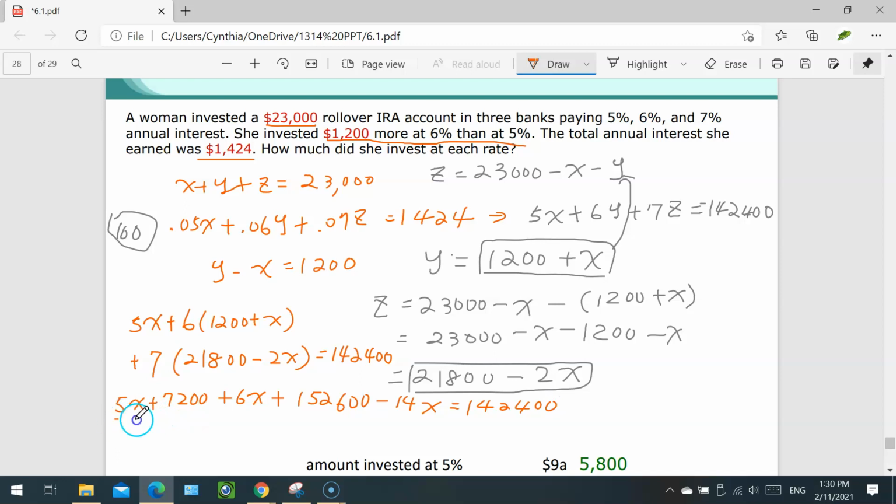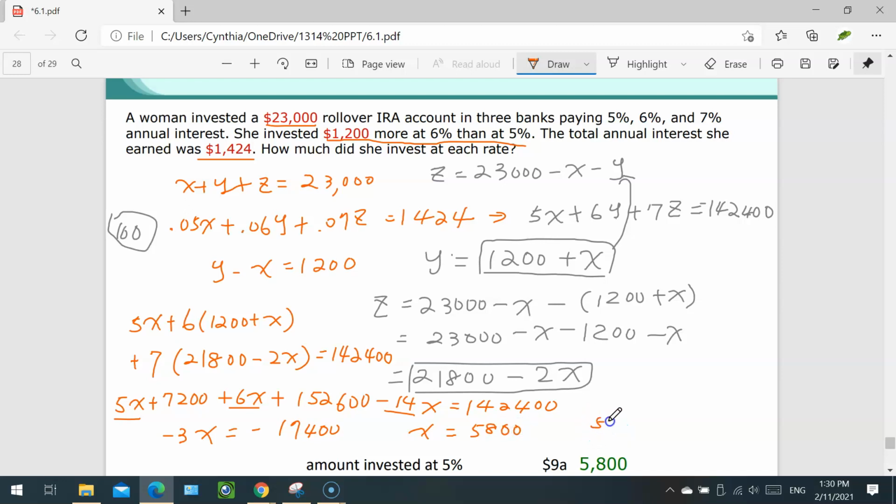We combine like terms. This 3x, sum them together, we get negative 3x. Bring all the numbers to the other side and subtract from 142400. You will get negative 17400. Divide by negative 3 on both sides. You'll solve for x equal 5800.